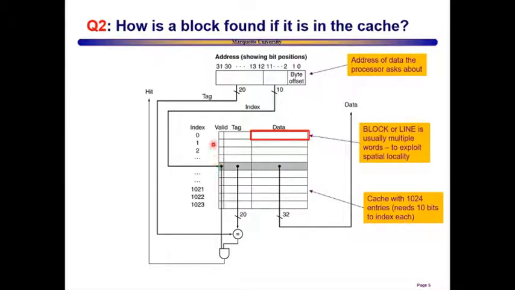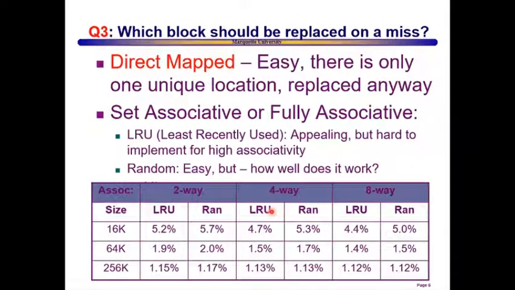As the processor asks for more and more data from the main memory, data blocks will be fetched and placed into the cache, and when that happens, the valid bits are turned to logic 1. So that's how a block is found in a direct mapped cache design.